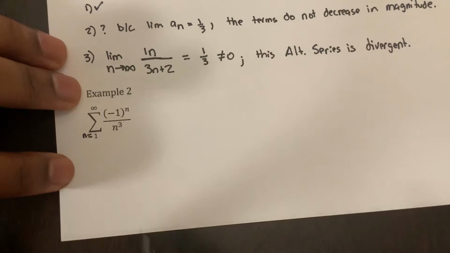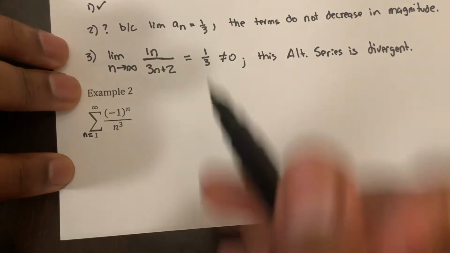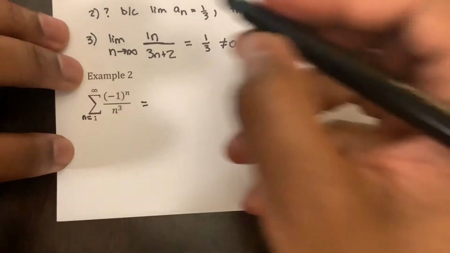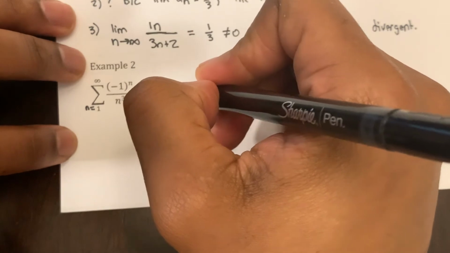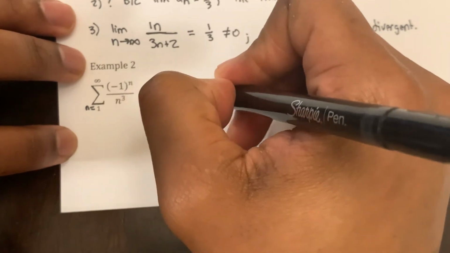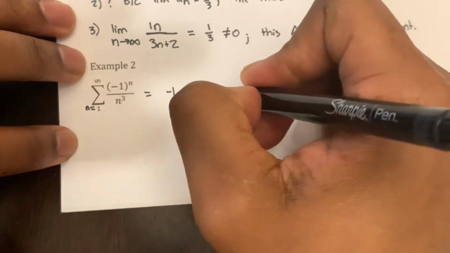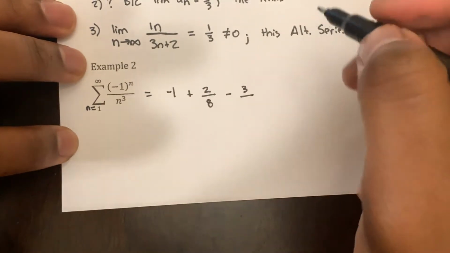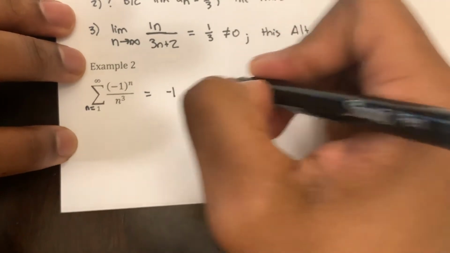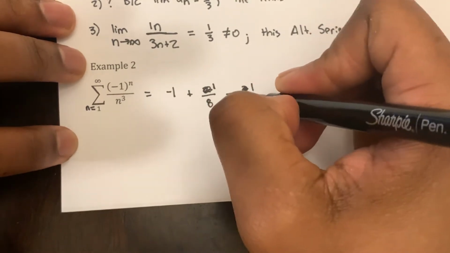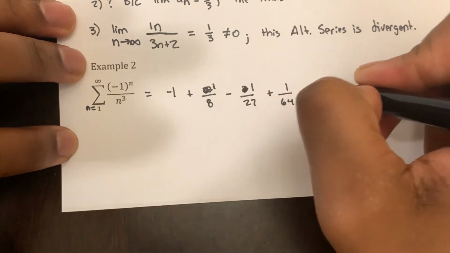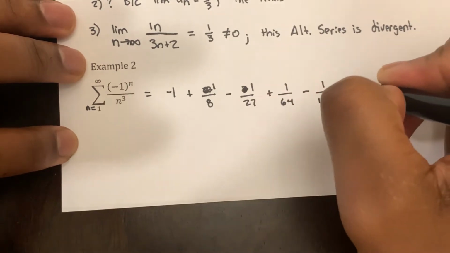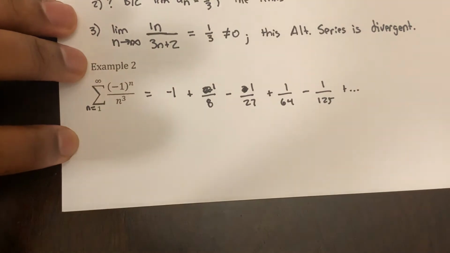For example, 2, we have -1 to the n over n cubed. If we list the first handful of terms, we'll get -1, then plus 1/8, minus 1/27, plus 1 over 64, minus 1 over 125, and so forth.